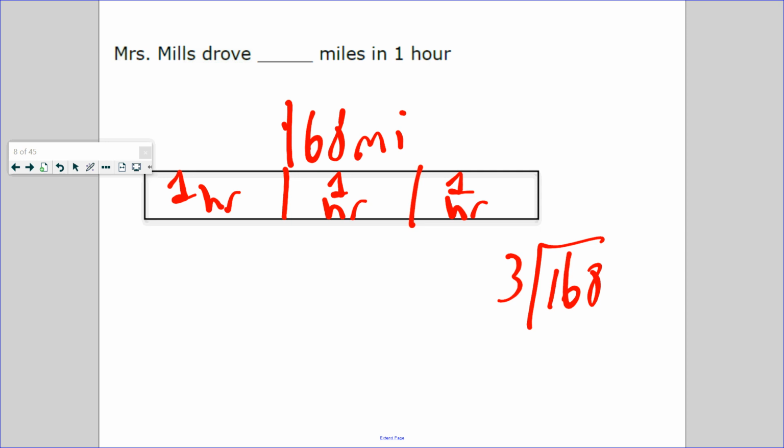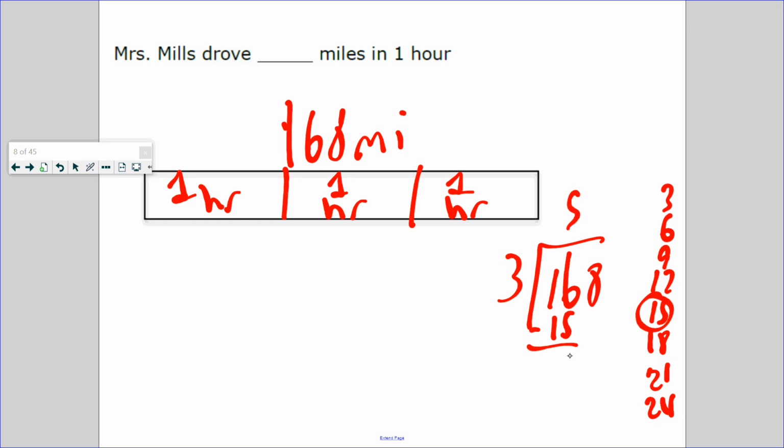Let me write out the pattern for 3 if you need it. 16 to 15 is the closest. That goes in 5 times. 16 minus 15 is 1. I bring down the 8. 18 is 6 times. So 56 miles in 1 hour. So she drives 56 miles per hour, each hour, every 1 hour.